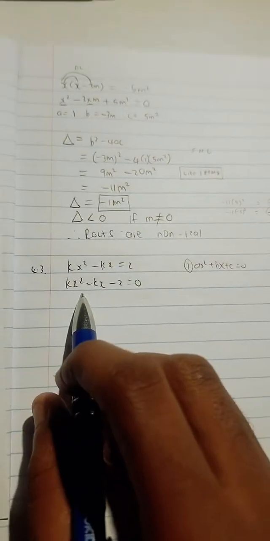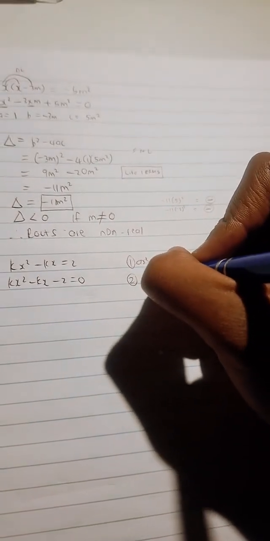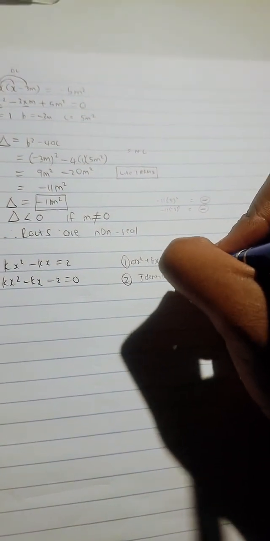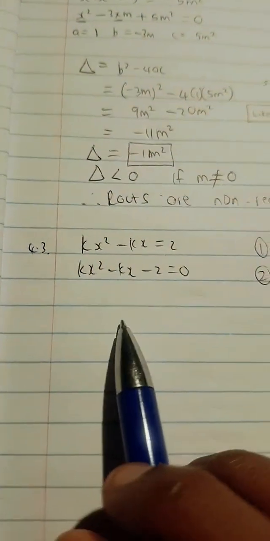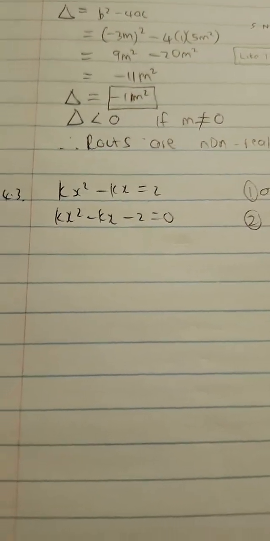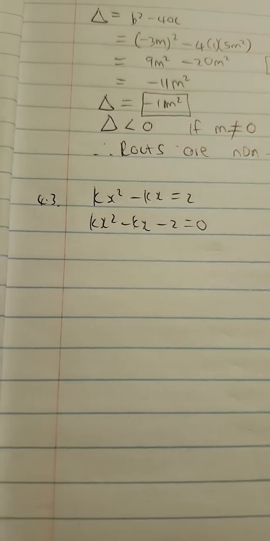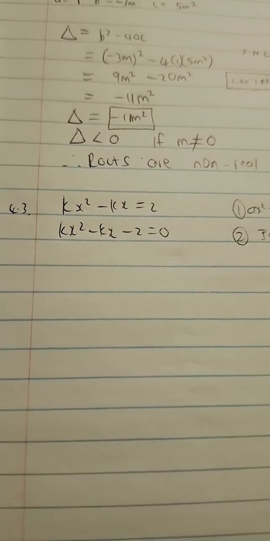Then, after standard form, we identify a, b, and c. Can my people do what they know how to do best and identify the a, b, and c? I trust you.